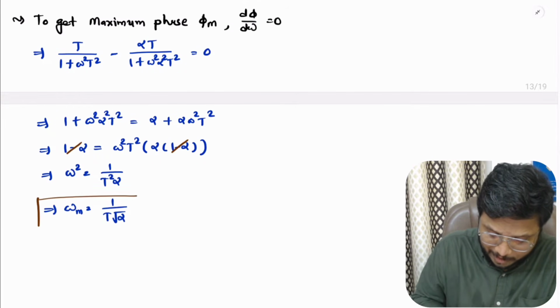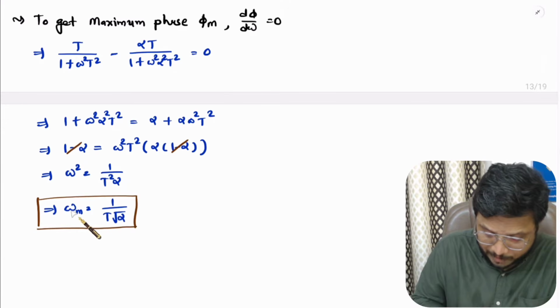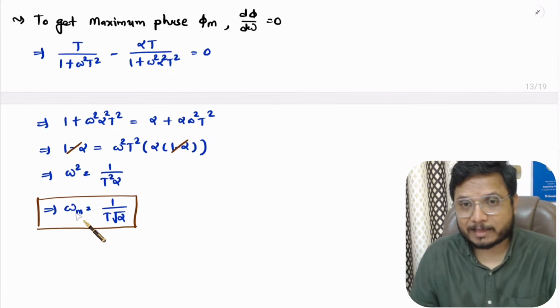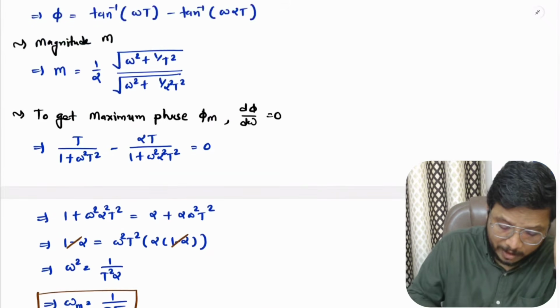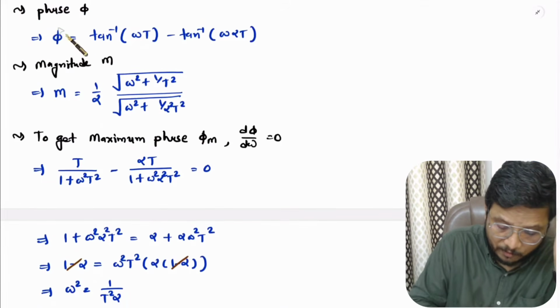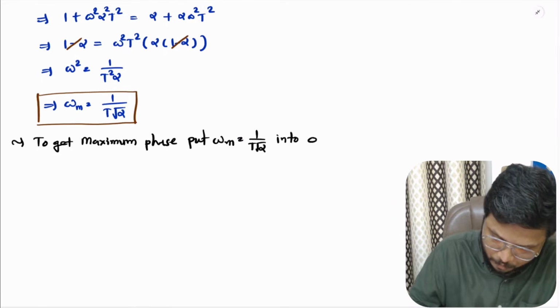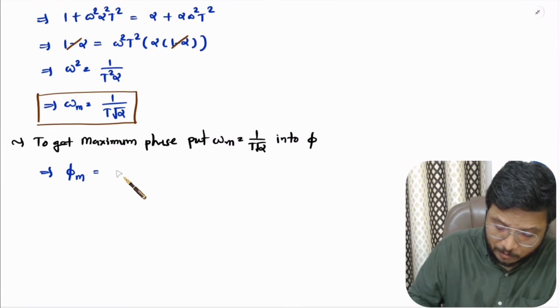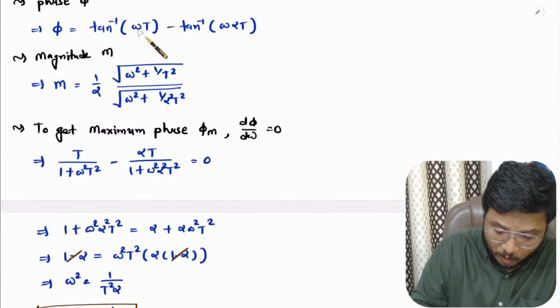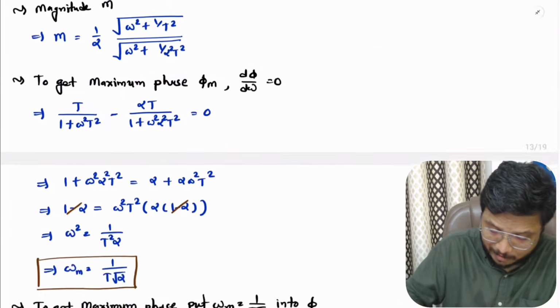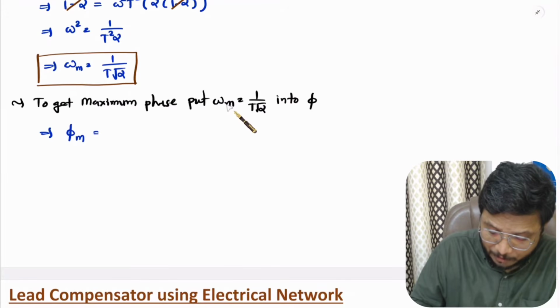Now we have the maximum phase frequency. To get the maximum phase, we need to substitute this frequency into the equation of phase phi. Here if you observe, we have phase phi, that is tan inverse omega T, where instead of omega we need to substitute 1 by T square root of alpha.